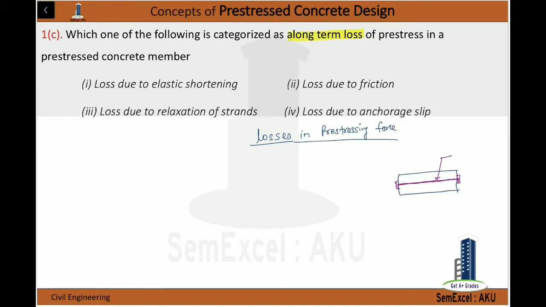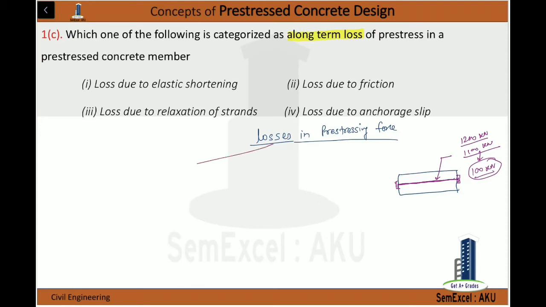and suppose let's say it is 1200 kilonewton now, and after 1 year again we are measuring that stress, let's say it is equal to 1100 kilonewton after 1 year. So we have a loss of 100 kilonewton in pre-stress. So why is there a loss in pre-stress? We will see now.